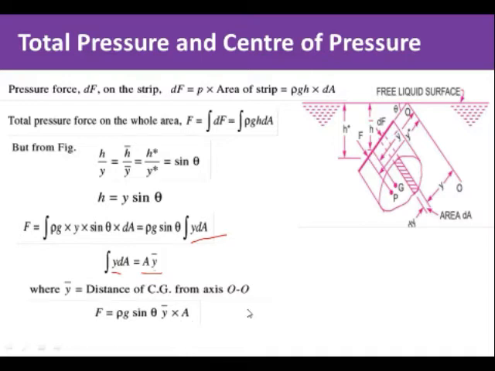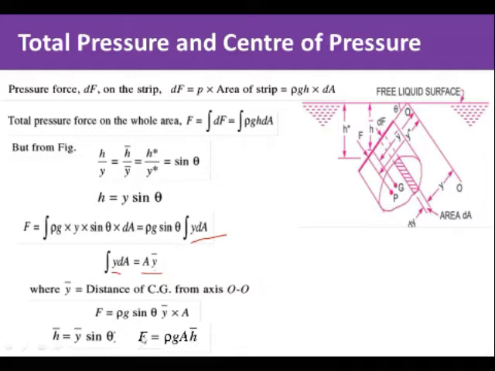Now again, from the above equation we know that if you multiply sine theta with y bar, h bar equals y bar sine theta. So you can replace y bar sine theta as h bar. So F equals rho g A into h bar.